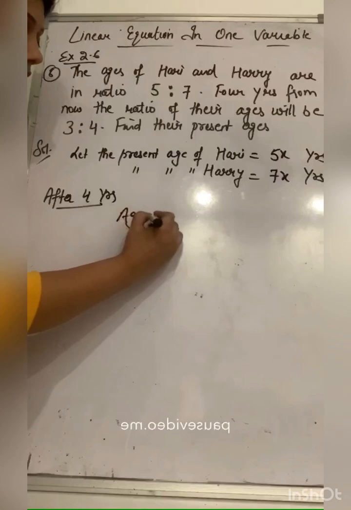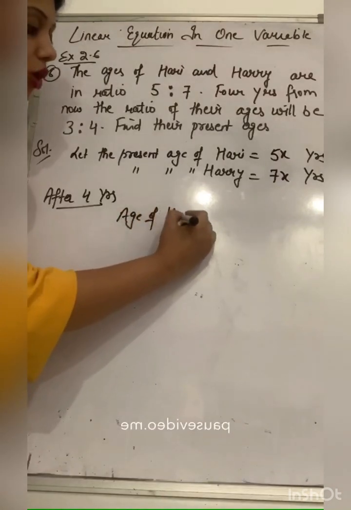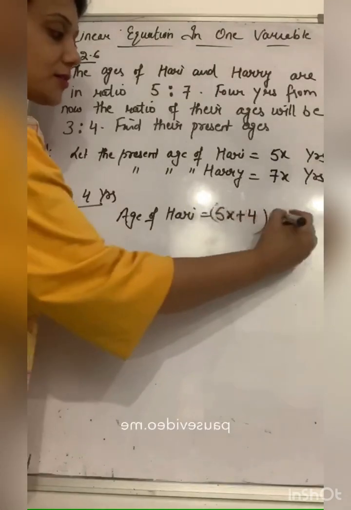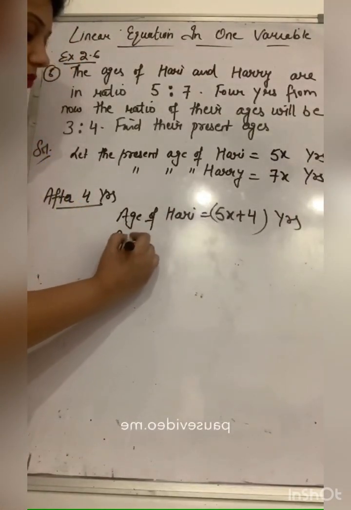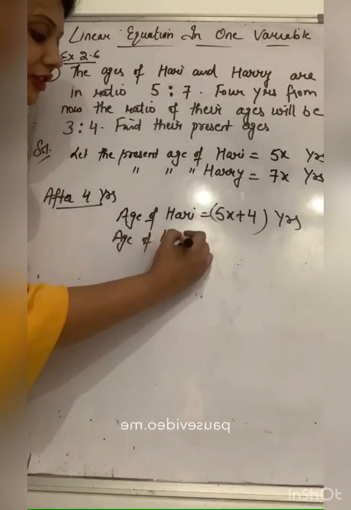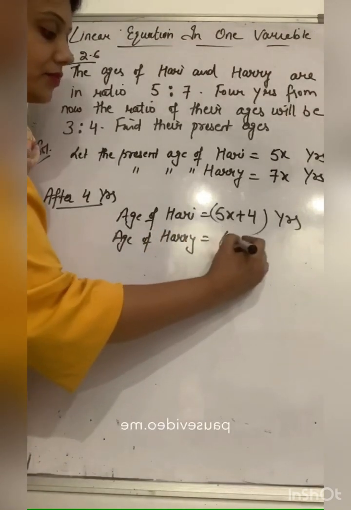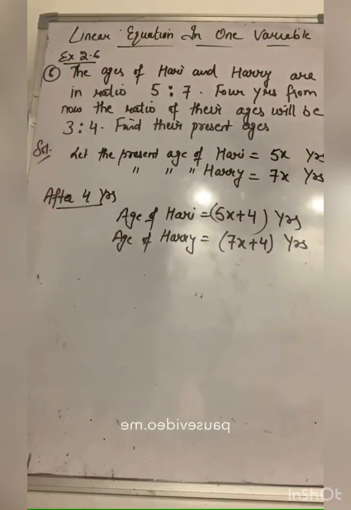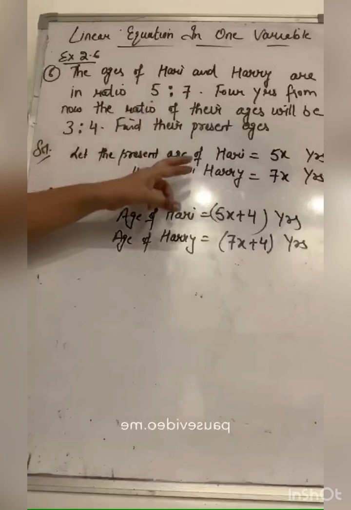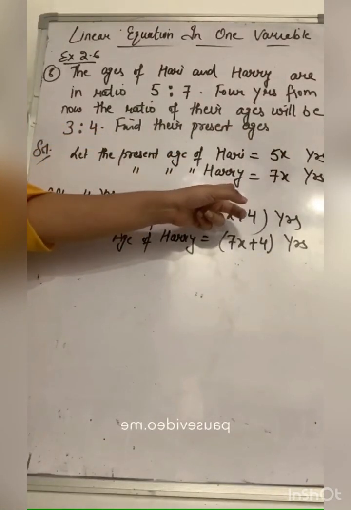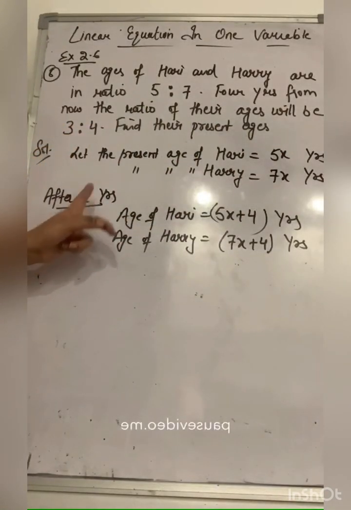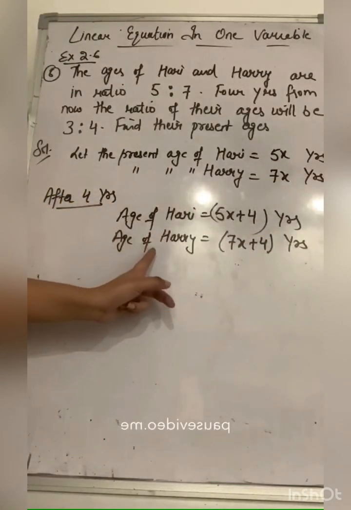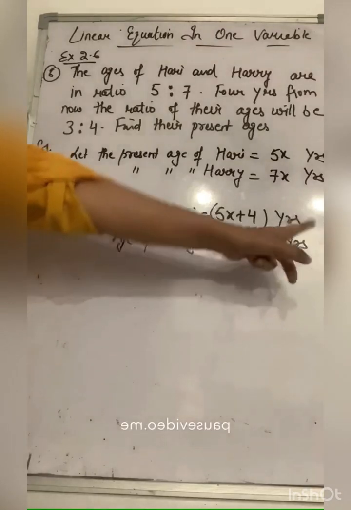So, after 4 years, age of Hari is 5x + 4 years and age of Harry is 7x + 4 years, right? So we have supposed the present ages of both the persons, and then after 4 years the age of Hari will be 5x + 4 and age of Harry will be 7x + 4.